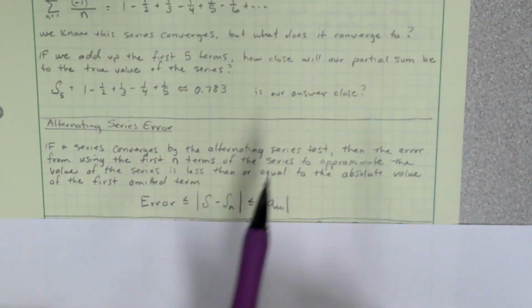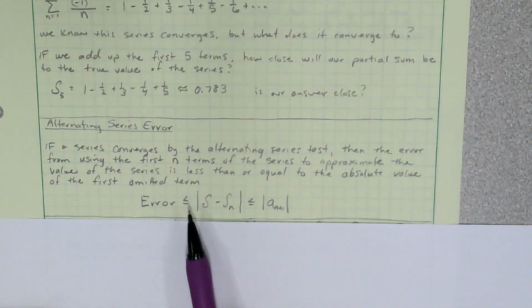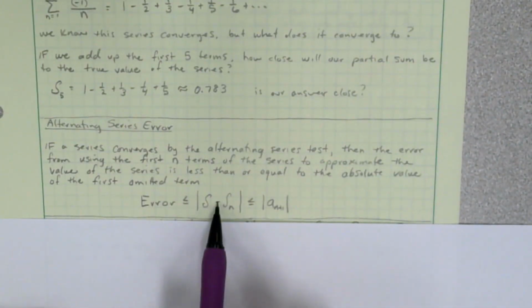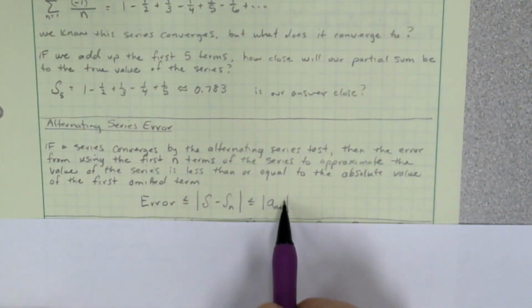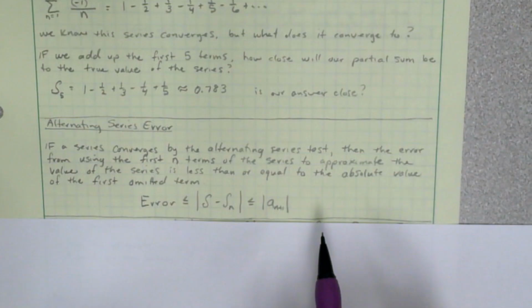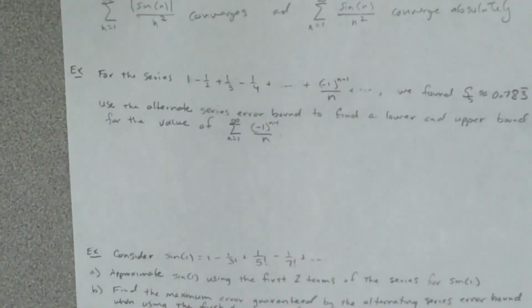So the error, which is the difference between the actual value minus the partial sum, is going to be less than the absolute value of the next term in this sequence. So let's see how this plays out in an example.